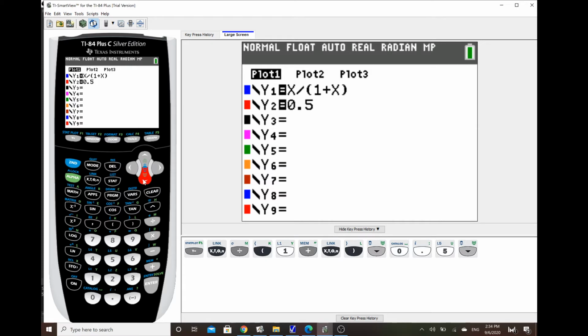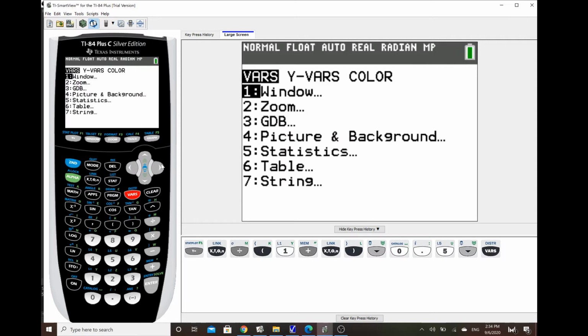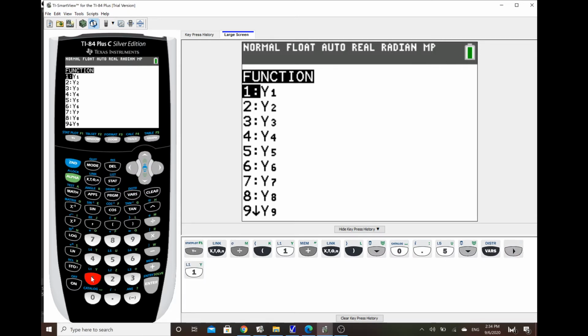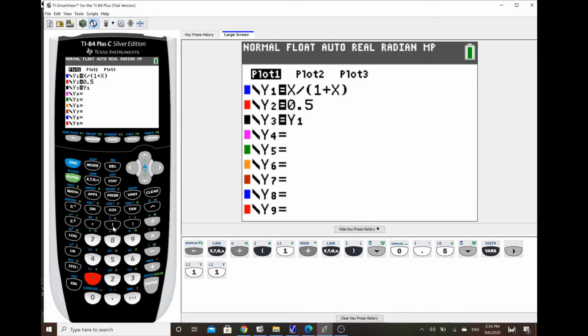The way you want to put in the slope is like this: go to vars, y vars, then function, and then press y1. We don't know what that is, so it's just y1 of x. Perhaps you might want to put in the parentheses because we want the whole quantity.